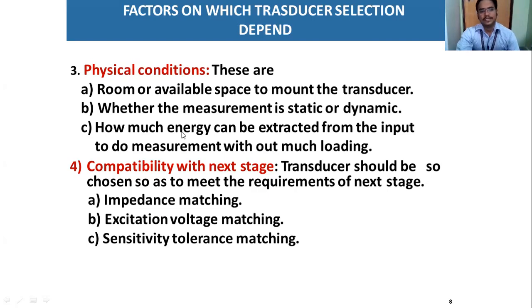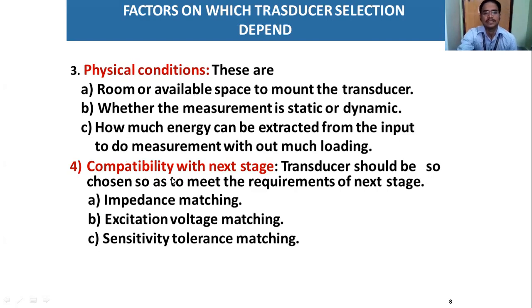So you should select the transducer which consumes less energy. If it is consuming more energy, and that energy is not available at the measurement end, and we are going to use such a transducer, it will not perform its function at that particular area. So you should select the type of transducer depending upon the energy consumption or loading conditions.